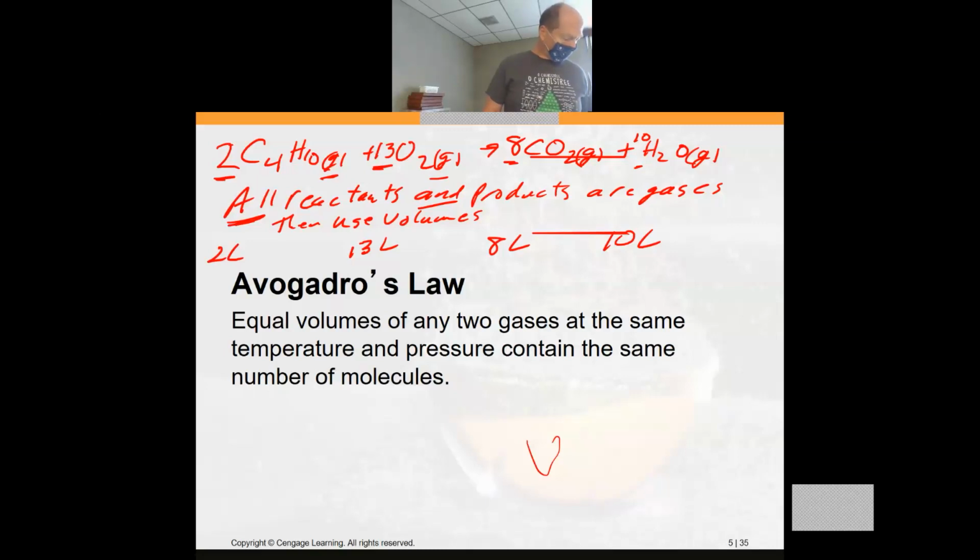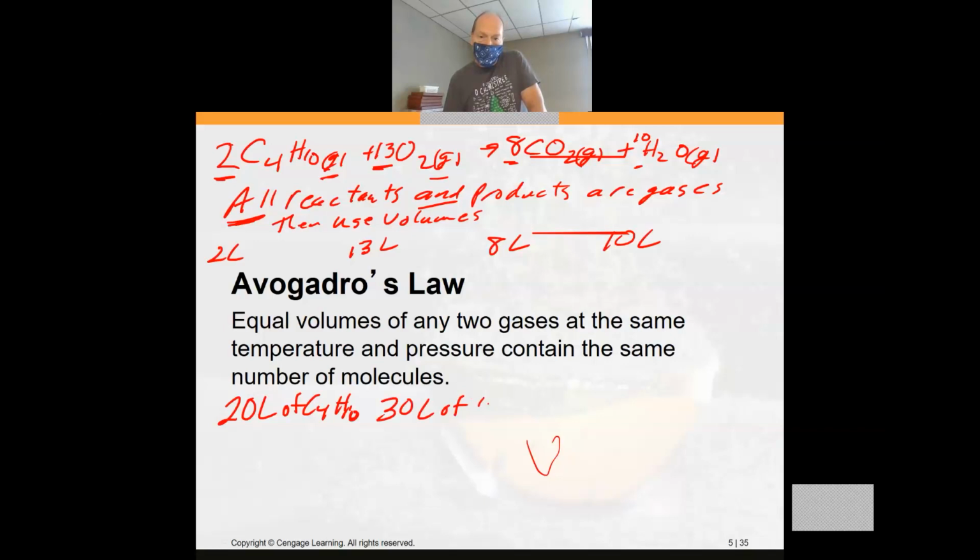Let's say I have 20 liters of C4H10, and I have 30 liters of O2.